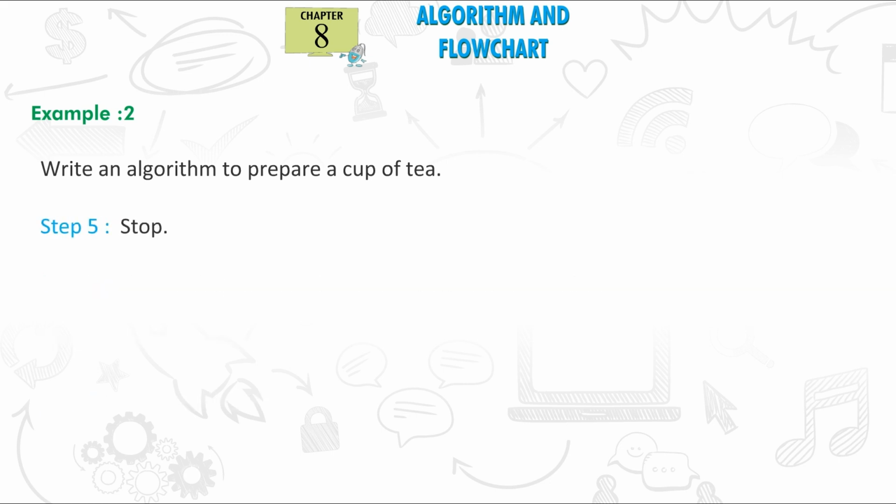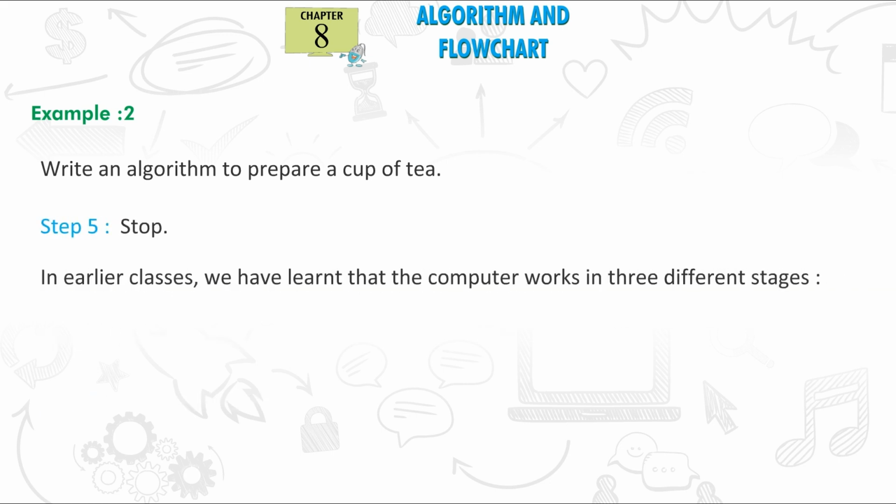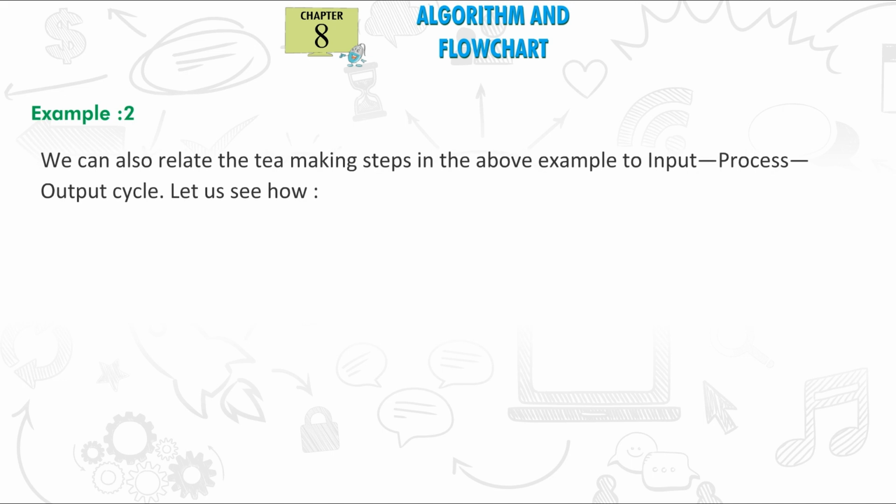Step 5. Stop. In earlier classes, we have learnt that the computer works in 3 different stages: input, process, output. We can also relate the tea making steps in the above example to the input, process, output cycle.